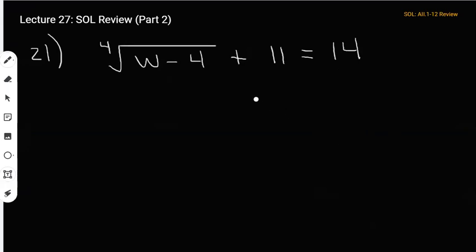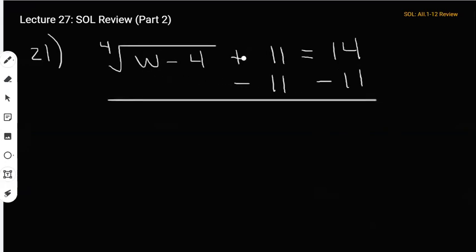So the first thing that I'm going to do with this is subtract 11 from both sides. I wouldn't start off by getting rid of the radical first because this plus 11 is in the way. And if I can get rid of that first, then the radical symbol would just be by itself on this side. 14 minus 11 is 3.